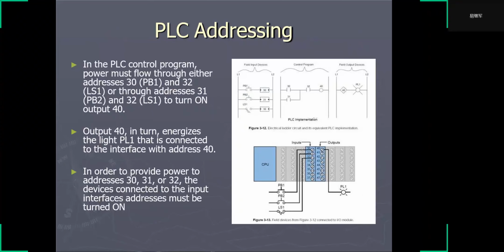In the PLC control program, power must flow through either address PB1 and LS1, or through address PB2 and LS1, to turn on the output. This is the actual logic.